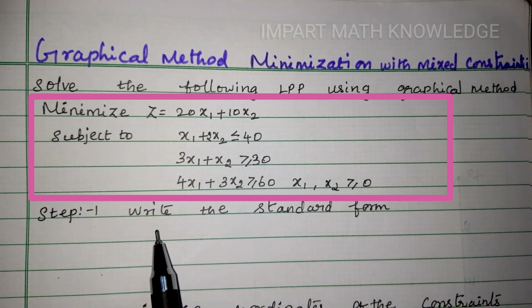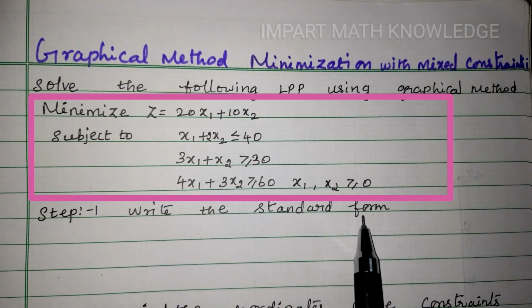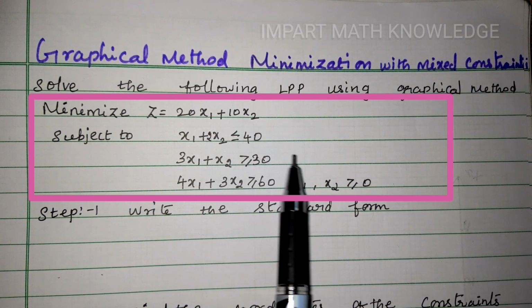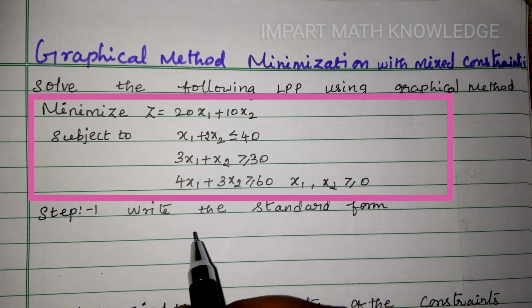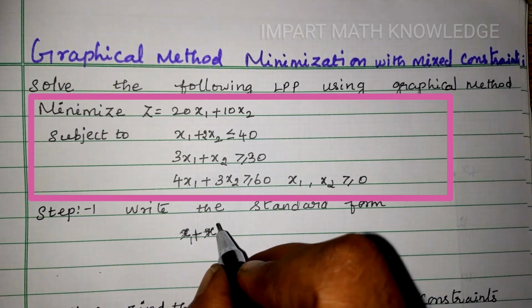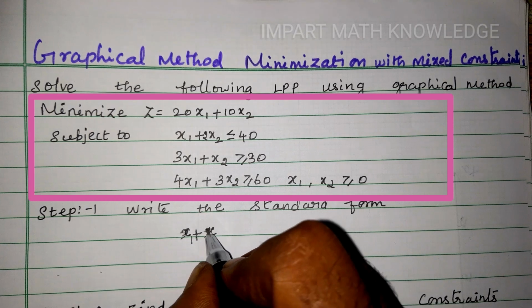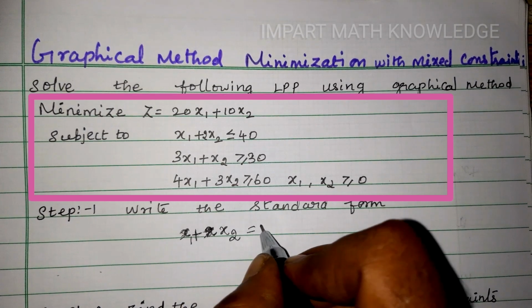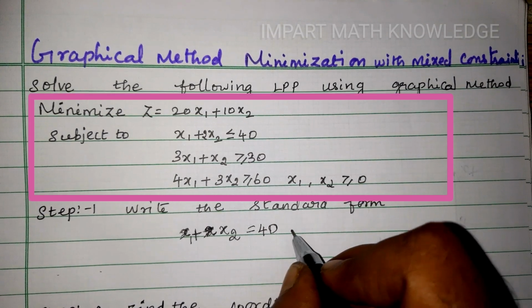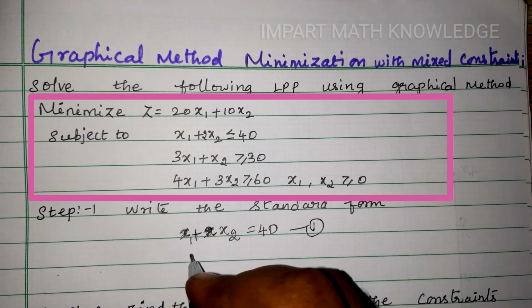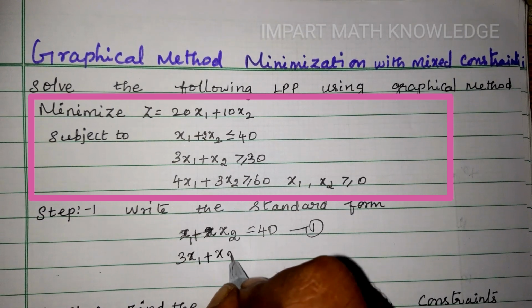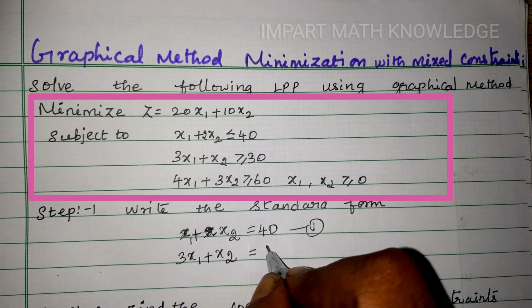First step is to write the standard form. We have to write the inequality constraints into equal form. Let me write x1 plus 2x2 is equal to 40. We take this as number 1. 3x1 plus x2 is equal to 30.